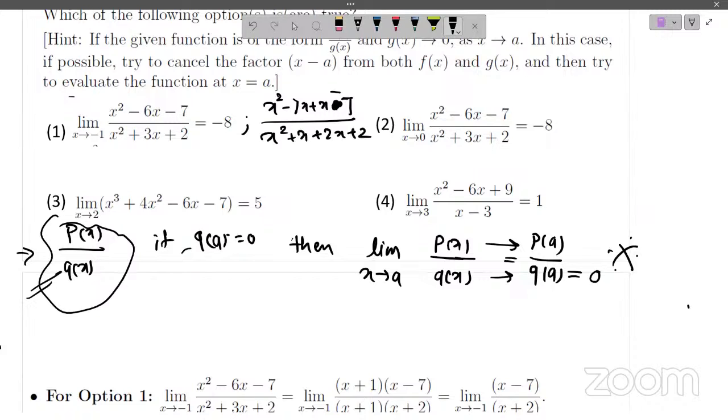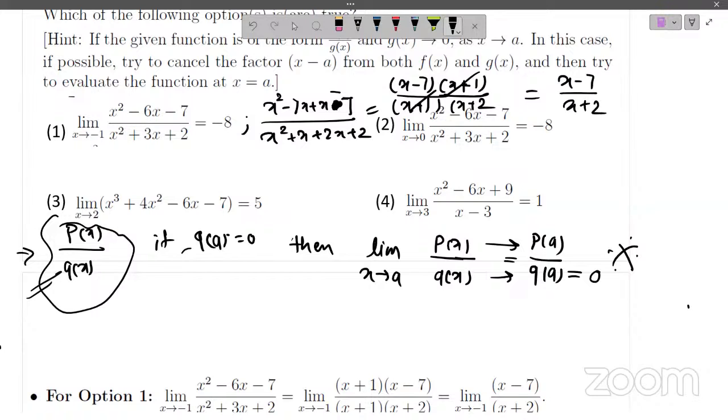If we factor, the numerator gives (x minus 7)(x plus 1) and the denominator gives (x plus 1)(x plus 2). The x plus 1 factors cancel, and at the end we get x minus 7 by x plus 2.